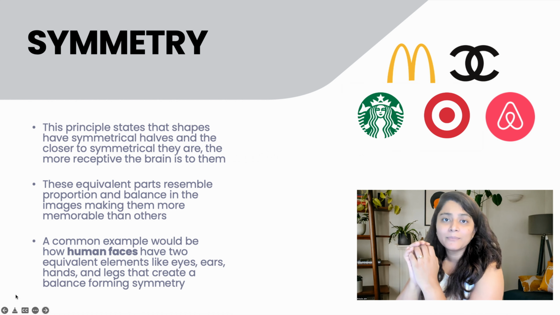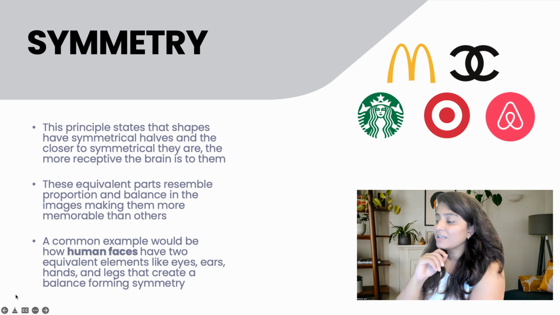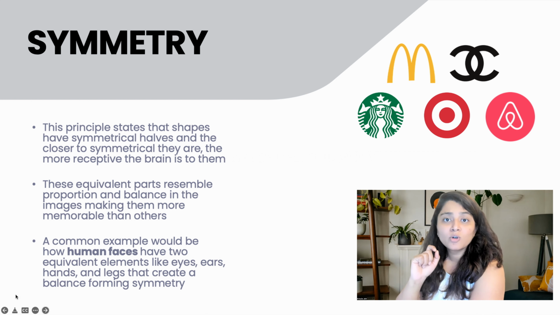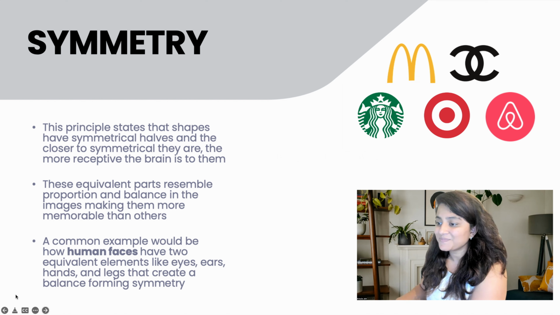One of the greatest examples of this principle is demonstrated by a lot of different brands, and why it is so important is because it makes you remember these logos very well. Some of these examples are over here: McDonald's, the Chanel logo, the logo of Starbucks, Target, Airbnb. That's the beauty of it, because it helps you remember these logos.